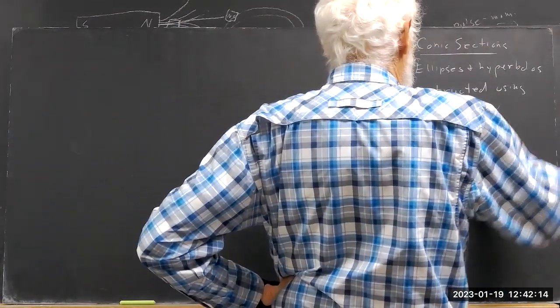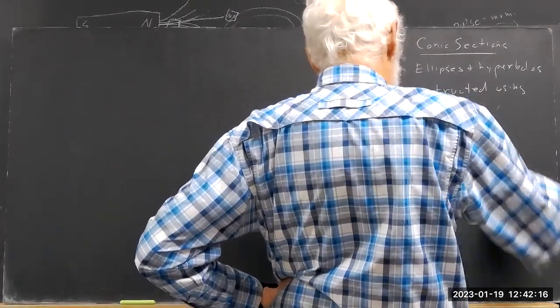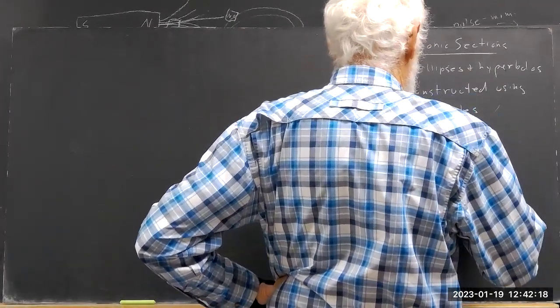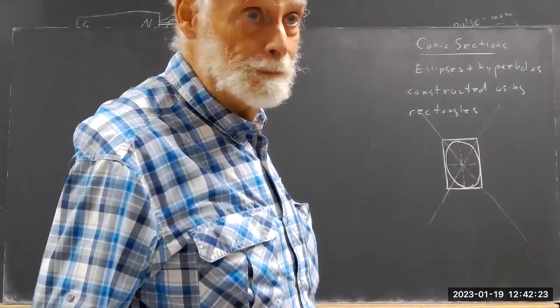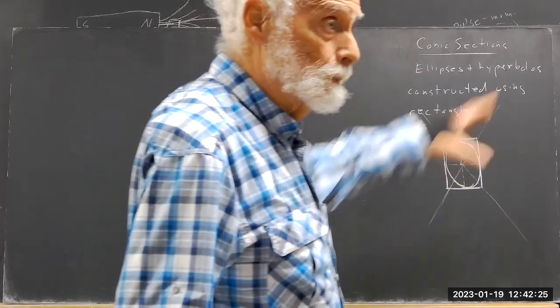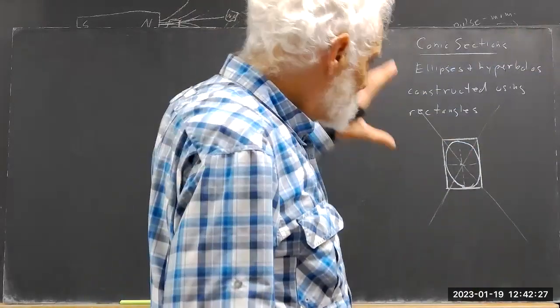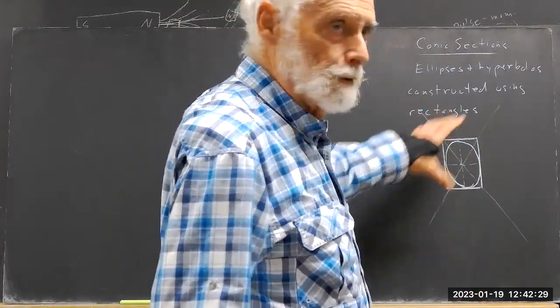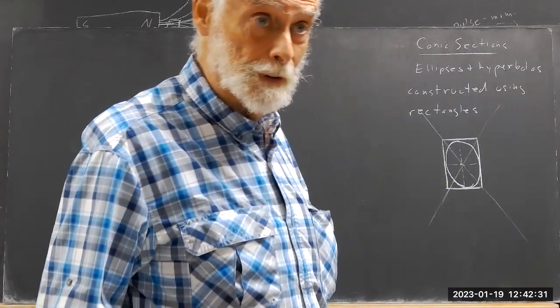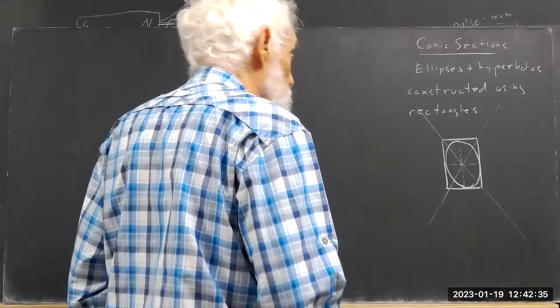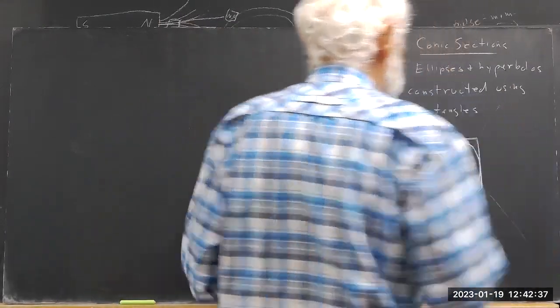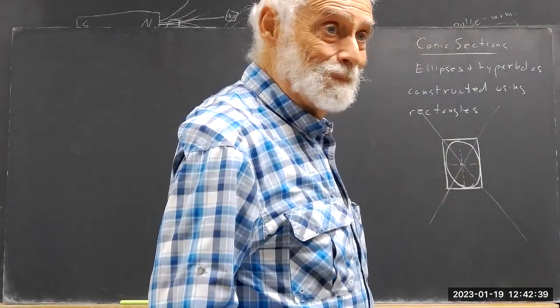Hyperbola. Draw these lines through the diagonals, extended beyond the rectangle, because hyperbolas live outside the rectangle. Okay. So I'm going to have two different hyperbolas here. They're tangent at these points.